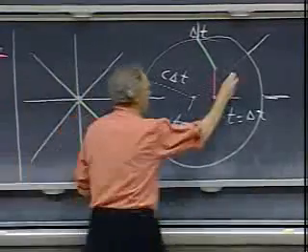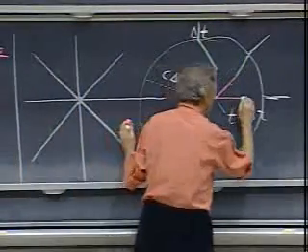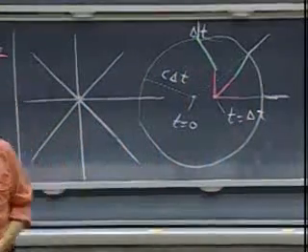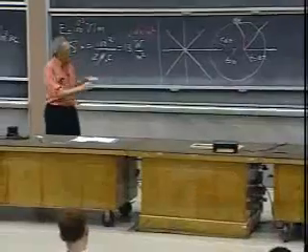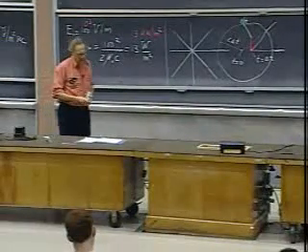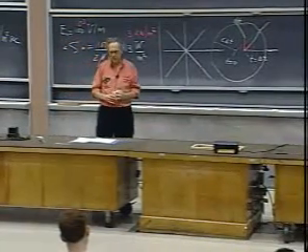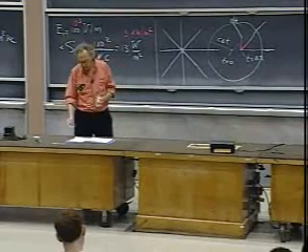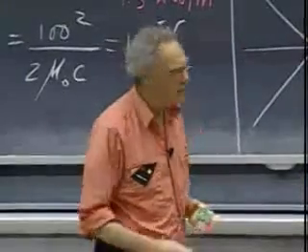And there must be a kink here. Notice there's no kink here, which is interesting. And so it is the collection of these kinks that propagate outwards with the speed of light, and they produce an electromagnetic disturbance, a change.